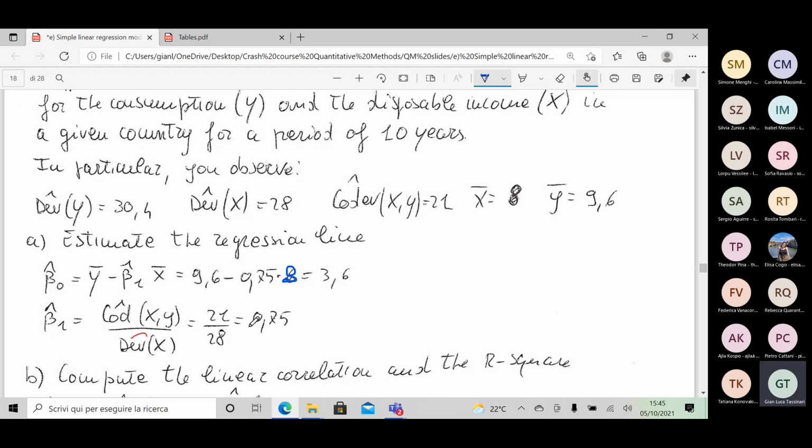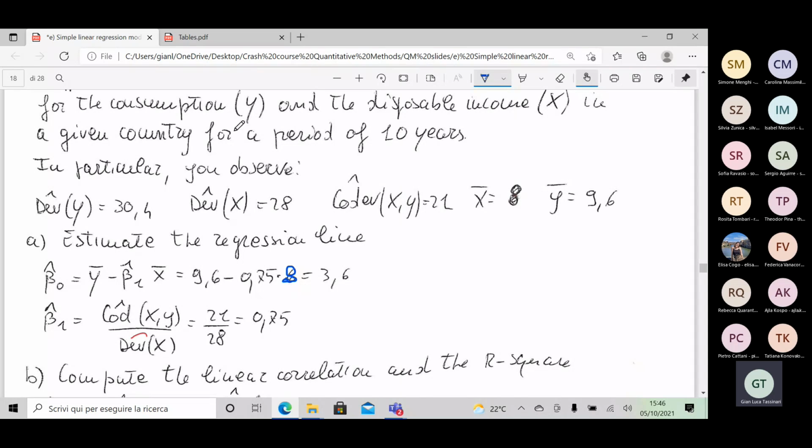And which is the meaning? Look at the variable. If you increase the disposable income of this country by 1 unit, you expect an increment of the consumption of 75 cents. But this does not mean that for sure we have such an increment. So if you increase the income by 1,000 euros, you expect an increment of the consumption.